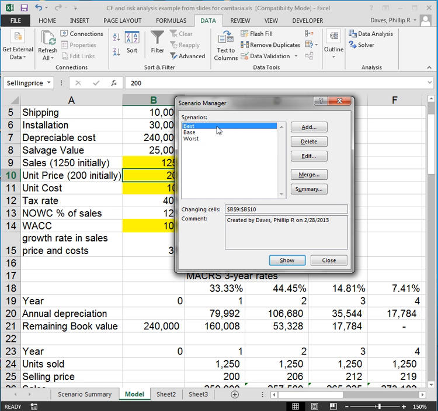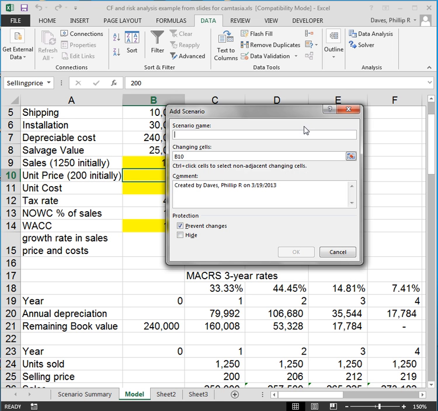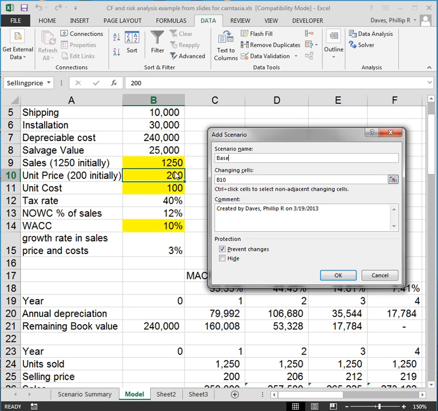Now I've already put these in here, so let me delete them, and we'll put them back in again. All right, so let's delete that one too. We're going to add one, and let's call this one the base case. Our base case scenario is going to consist of changing cells B10 and B11.